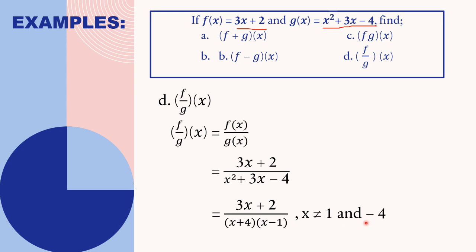Okay, and negative 4, so negative 4 plus 4 is 0, times x minus 1 is 0. So the function becomes undefined if x is negative 4. Therefore, the domain of this function, all real numbers except 1 and negative 4. Okay?